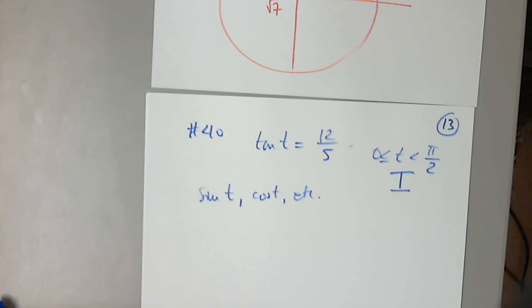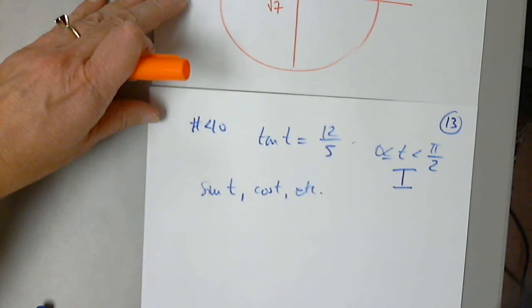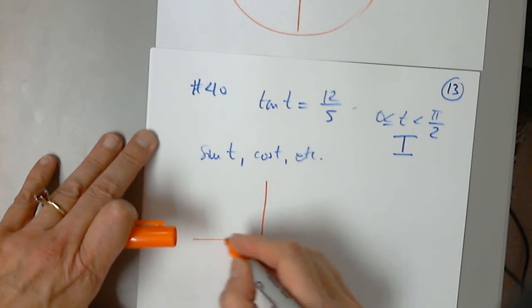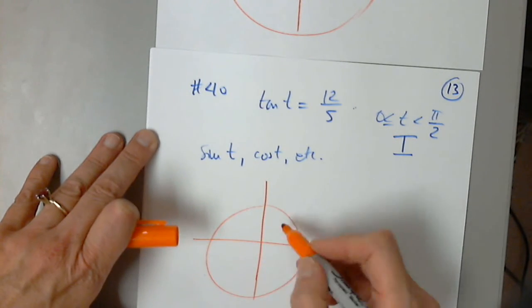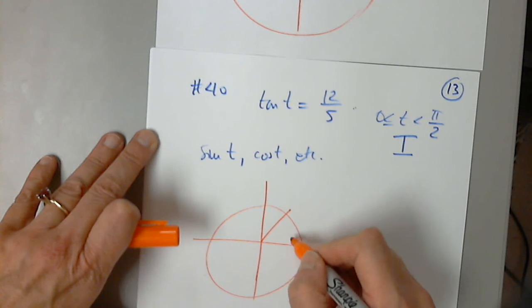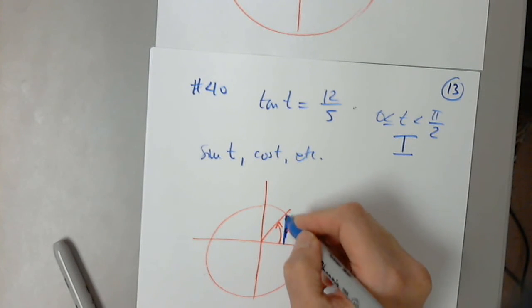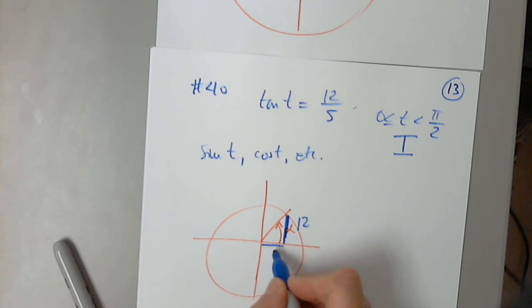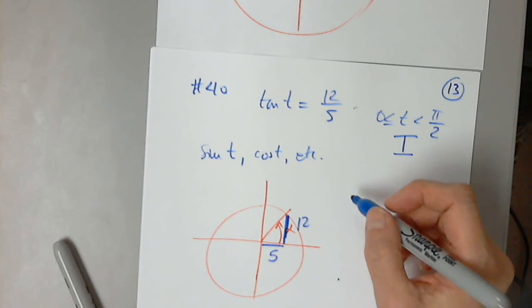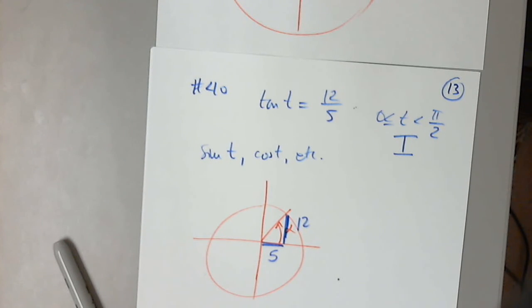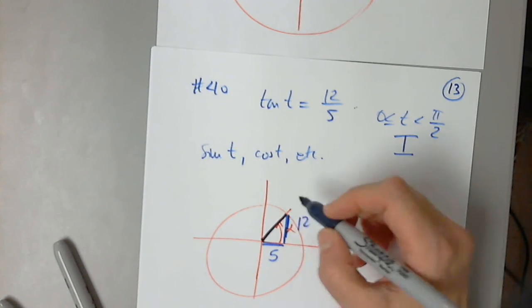Which one? The triangle? Okay, very good. So we are told that the angle is in the first quadrant. Whatever angle, this is alpha. It has to have 12 divided by 5, and that's the tangent. We have to determine the hypotenuse.